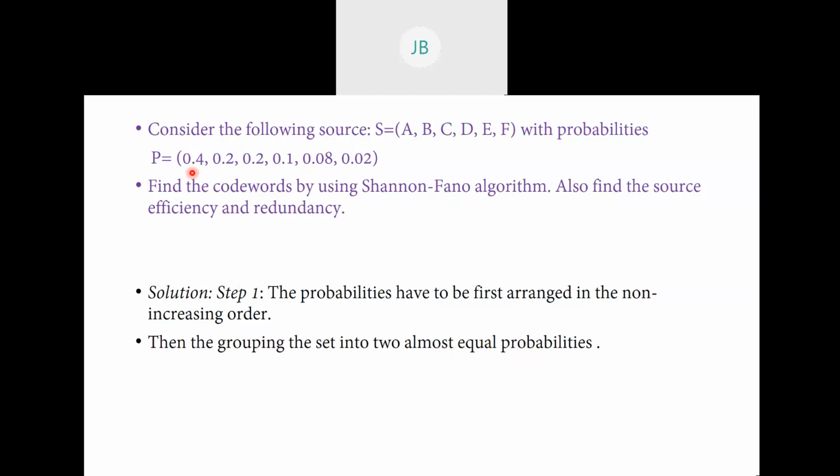For example, since there are 6 values here, can we put 3 elements here and 3 elements here? Then the sum of probability becomes 0.4, 0.2, and 0.2, that is 0.8, and this becomes 0.2. So this is not a good division, right? We need the sum of probability to be equal in both groups, or almost equal. We will see how to do that.